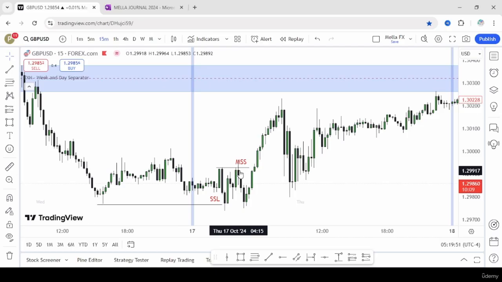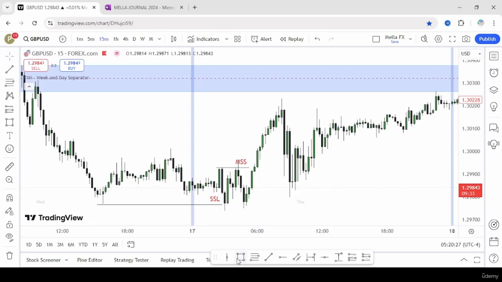Just imagine it is a place where the market came and immediately ran back down, a place of inefficiency. That's why I prefer the market to come back again and close higher with bodies. As you can see, the market later on at 6 broke the structure and continued running higher. This is very good for us.